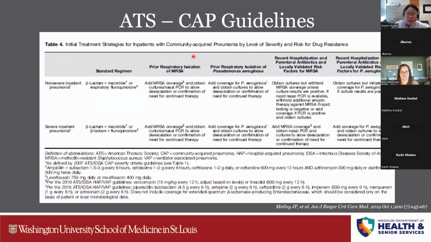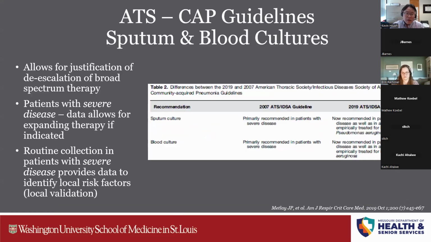It's a little bit harder to understand here, and unfortunately, this is a somewhat degraded image. But treatment of MRSA or Pseudomonas is really only supposed to be for people with risk factors for them, which is not most patients, or if the patient has severe pneumonia, where you have to cover immediately and can't have even a moment's delay.